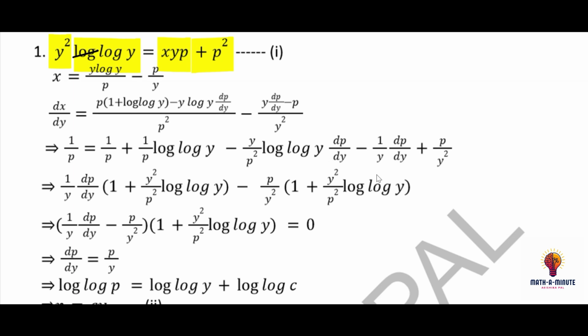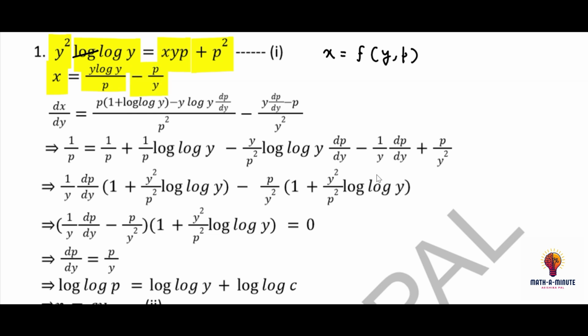So if I want to apply solvable for x, we have to modify this equation in the form of x equals to any function of y and p. Okay, then we can apply this method. Otherwise, we have to go for another method. So we can write the given differential equation in the form of x equals to y log y divided by p, minus p by y.